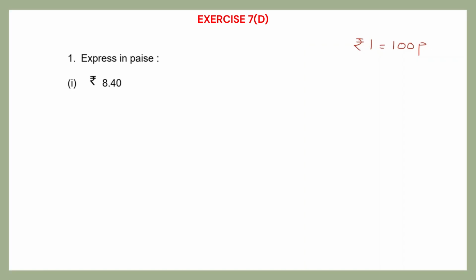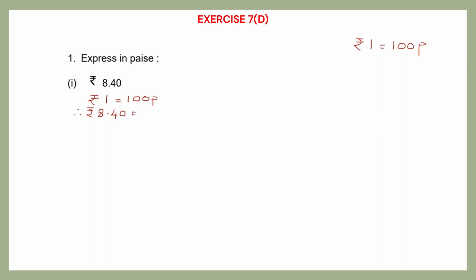So the first question, we have to convert this question given to us, that is 8 rupees and 40 paise, everything into paise. So let's start by saying in 1 rupee we have 100 paise. Therefore, in 8 rupees 40 paise, how many do we have?